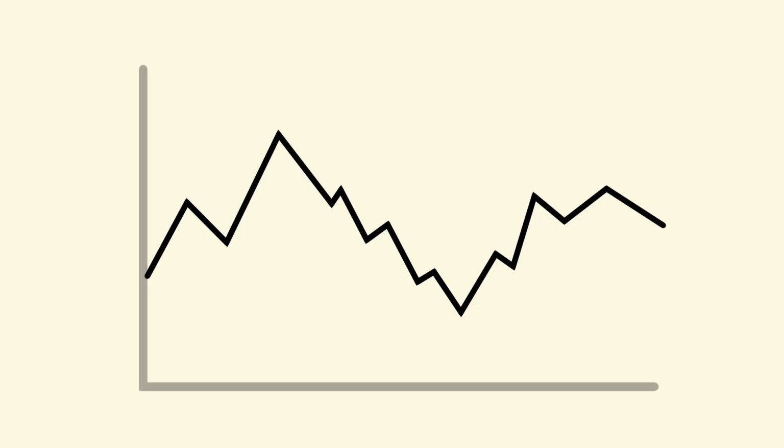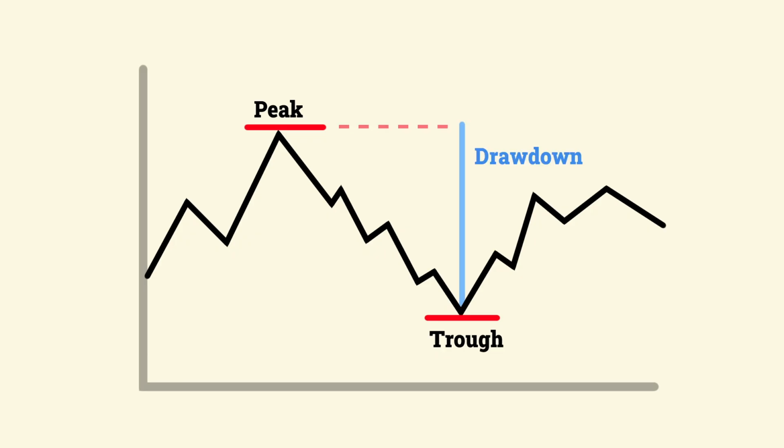While volatility and downside volatility describe how returns fluctuate around an expected value, drawdown focuses on realized losses over time. A drawdown occurs when an investment falls from a previous peak to a lower value. For example, if a portfolio grows to a certain level and then declines before recovering, the size of that decline is its drawdown. Unlike volatility, drawdown is measured in absolute terms, as a percentage loss from the peak.